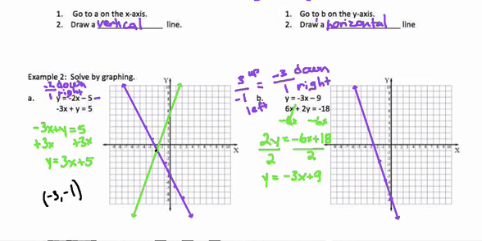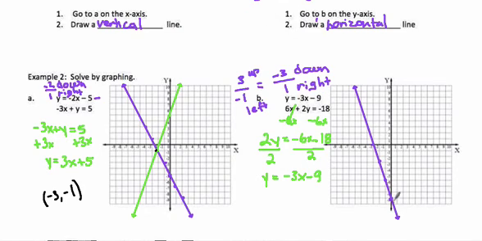Oops, I did make a mistake here, so let's back up. This is a -18. So when I take my -18 and divide by 2, I'm going to end up with a -9 here. Okay, let's go ahead and graph this.